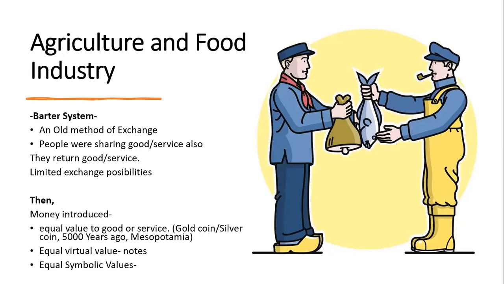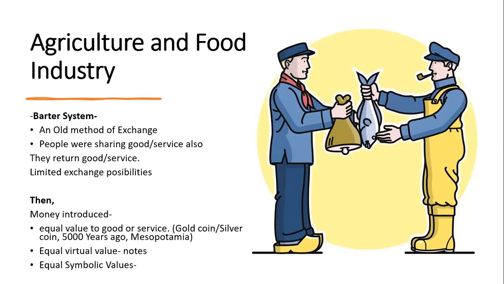The people who have a service give that service to others and take the goods. Sometimes they share goods, sometimes they share services. That is called the barter system, happening at a very early stage in the agricultural ecosystem and agribusiness system.